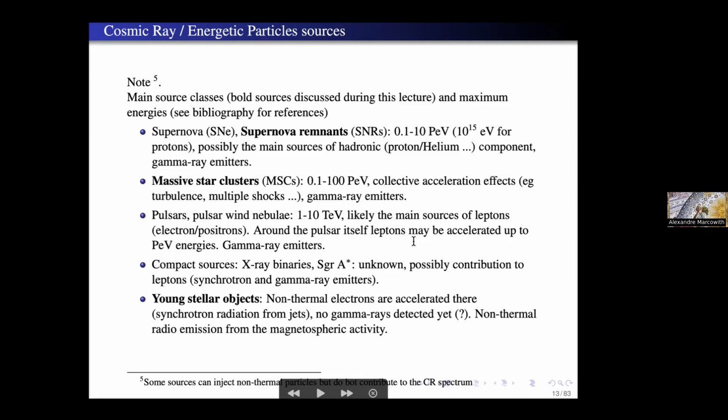I will not talk too much about pulsars, which are thought to mostly inject electrons and positrons, a different kind of cosmic rays, which are dominated by protons, then compact sources. Then I will discuss a bit young stellar objects, which is more speculative, but there are more observations showing that, at least in jets, young stellar objects have non-thermal synchrotron radiation. So there are some relativistic electrons here.